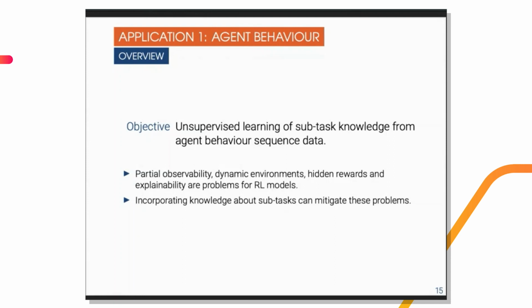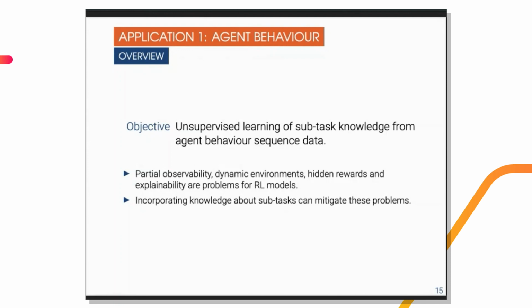These situations can be helped by explicitly incorporating subtask knowledge into the learning algorithm, so that this subtask knowledge might be able to inform the policy that the agent is taking. So they start performing a subtask rather than just trying to reach the overall goal.